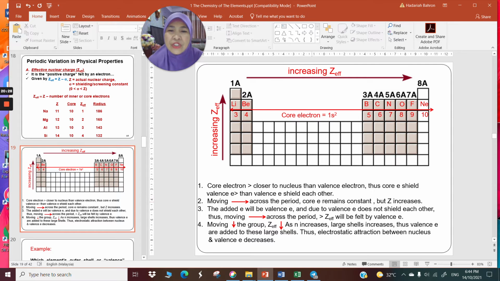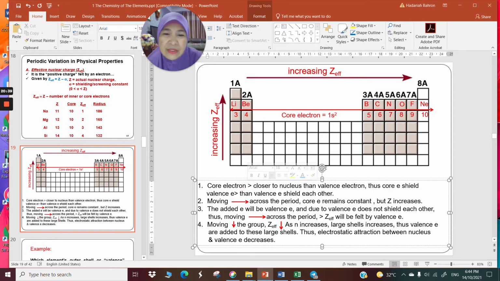Thus the shielding effect of core electrons is bigger than the valence electrons shielding each other. So moving to the right across the period, core electrons remain constant.